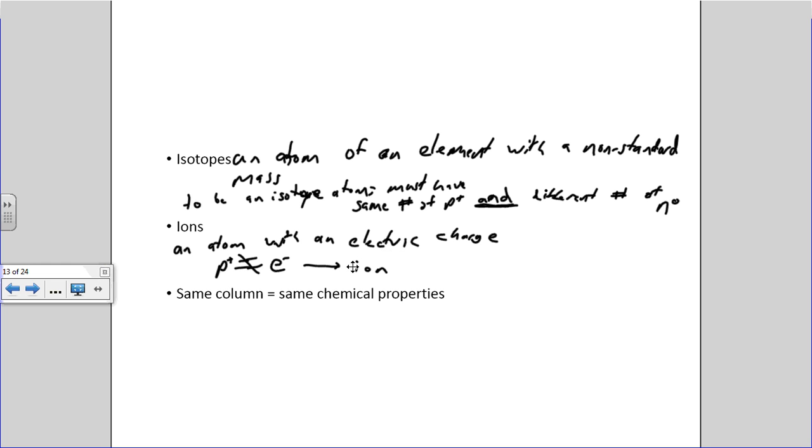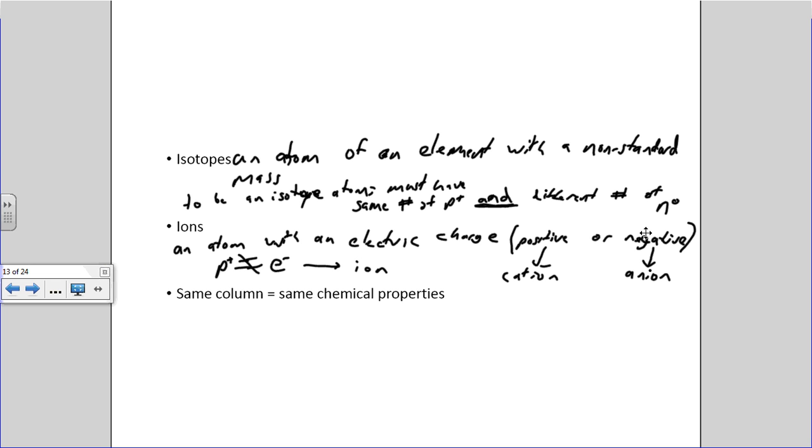Okay, so ions can be positive or negative. If it's a positive ion, we call that a cation. And if it's a negative ion, we call that an anion. Okay, so remember, stupid way to remember it is cation. Cats have paws. Cation is positive. Anion is negative.